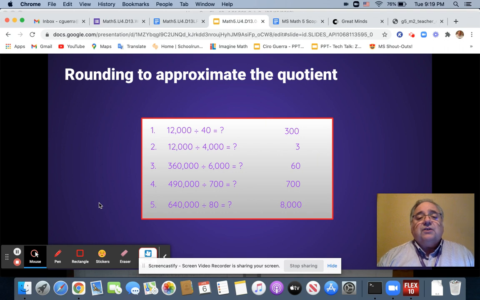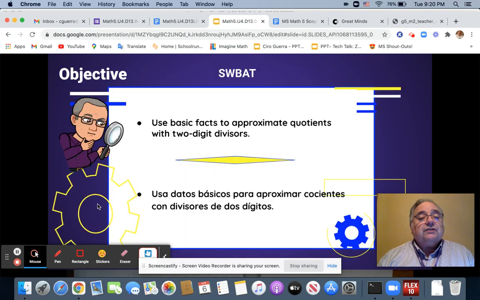We're going to continue doing some estimation today so that you can get proficient in it, which means you can get better at it. The reason we're doing that is because I'm going to be going into regular algorithm division tomorrow with remainders.